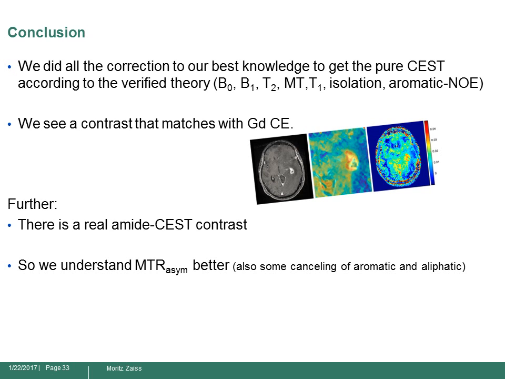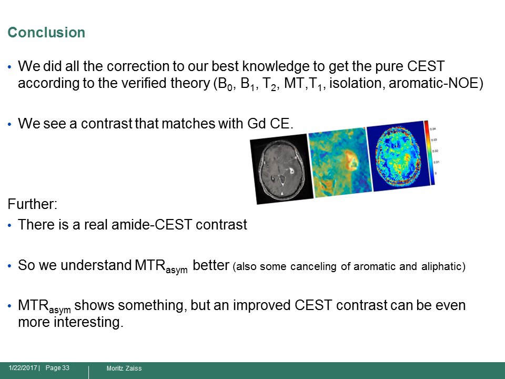Also, we can learn and understand MTR symmetry better because we also use some upfield and some downfield signals, and maybe also in MTR symmetry there's some cancelling of this aromatic and aliphatic NOE. Also, as a conclusion, MTR symmetry shows something, but an improved CEST contrast for these amides can be even more interesting. And maybe it's also an alternative for gadolinium contrast agents.